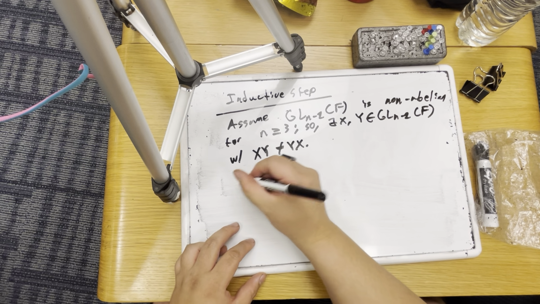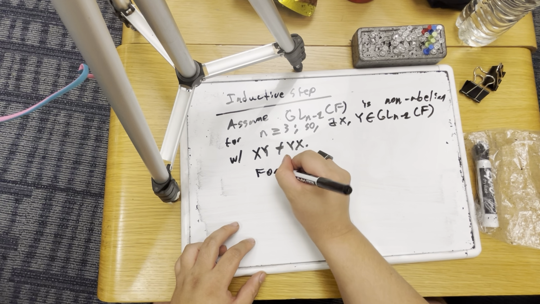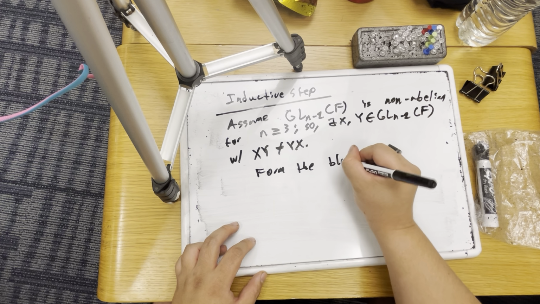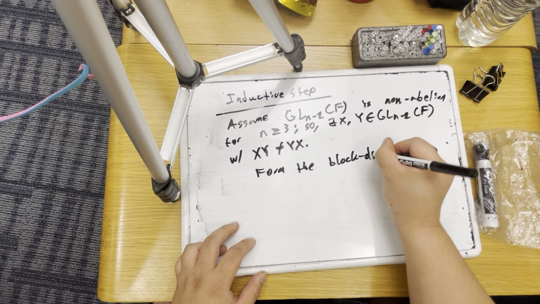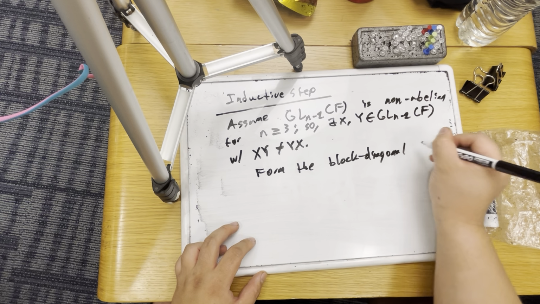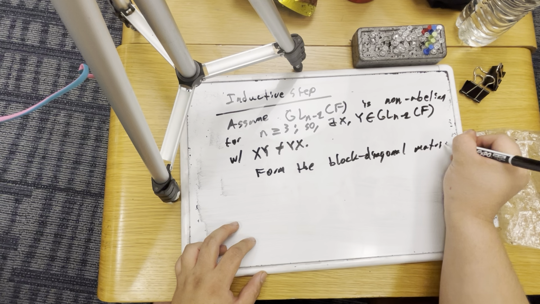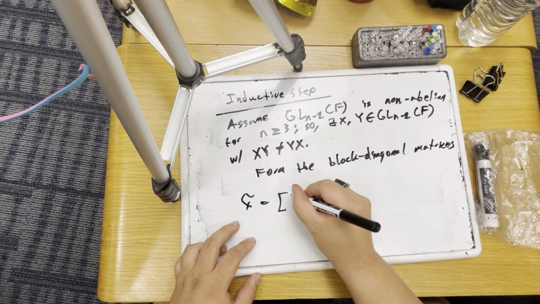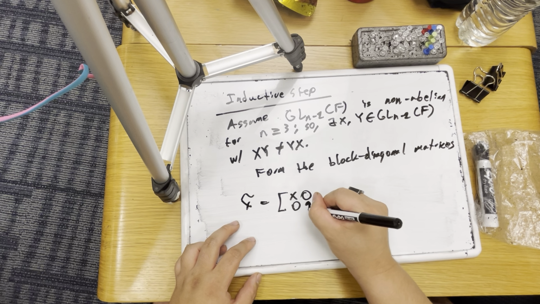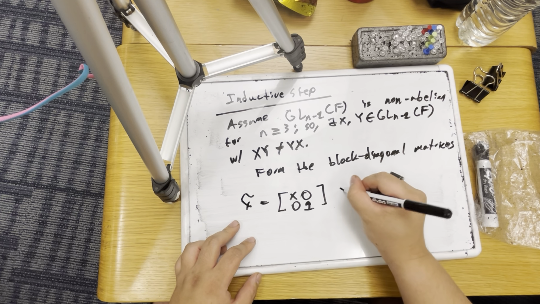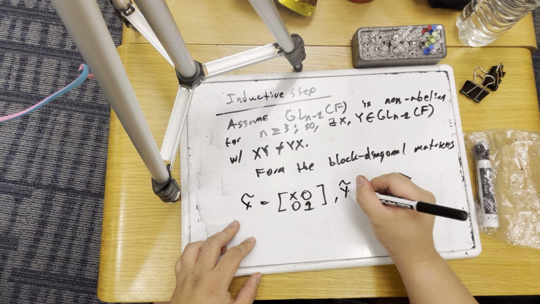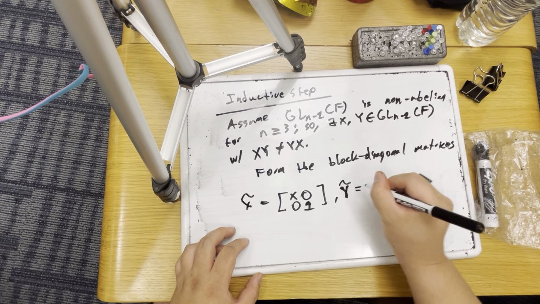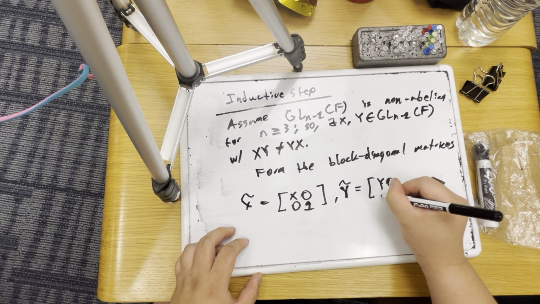Now, let's form the block diagonal matrices. X tilde is equal to [x, 0; 0, 1]. Y tilde is equal to [y, 0; 0, 1].